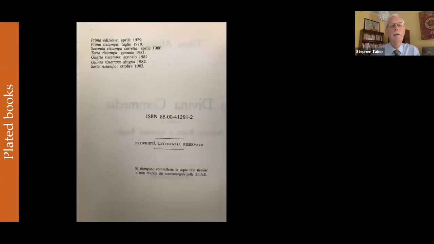If you take any text after around 1830 and follow its printing history, you'll see the same setting being identified by the publisher as various printings, and you can be sure that plates are involved. Publishers were often happy to identify reprints in the books themselves because it showed that a lot of people had bought the book. But they didn't always do this, or they didn't do it accurately.